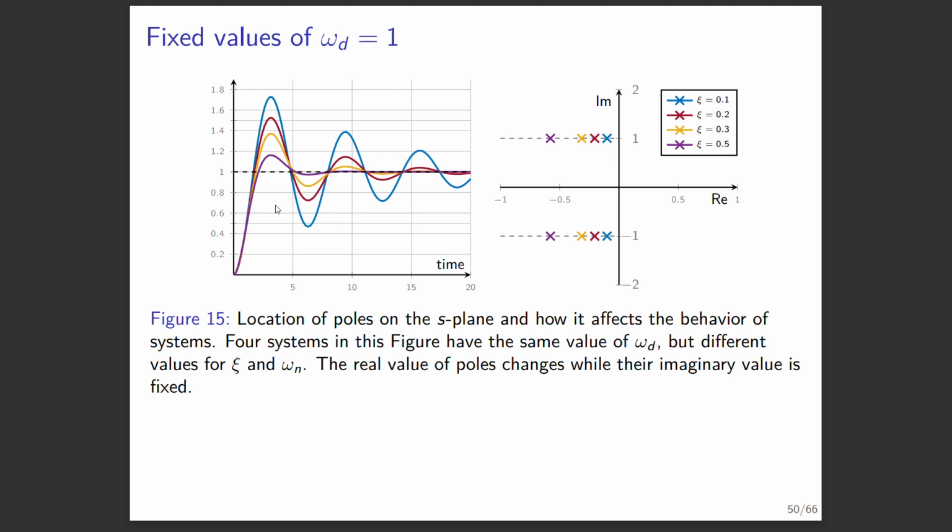The time response of them is going to look like this to a unit step. Look, these systems are the ones that have the same frequency of oscillation. See, they all get to the peak at the same time, and then to the opposite peak at the same exact time. They have the same frequency of oscillations.